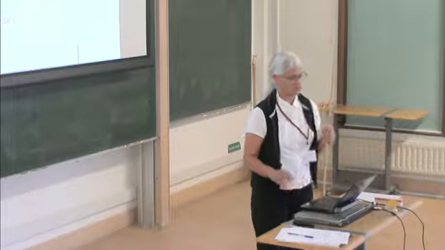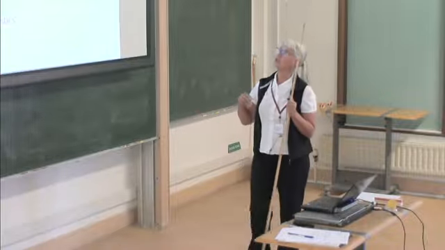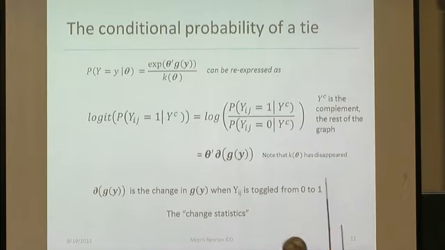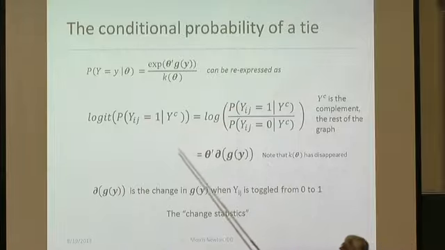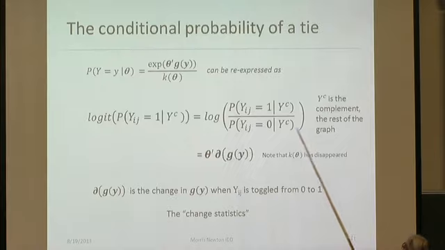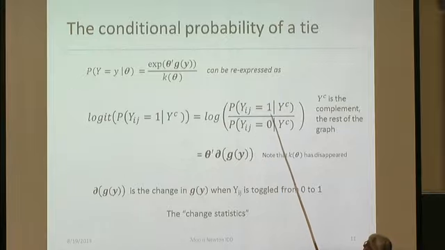It turns out that with a little bit of algebra, you can show that that probability of the overall graph can be re-expressed in a conditional probability of a tie. So it's the conditional logit here of a tie. And it takes the log of the odds that Yij equals 1 given the rest of the graph, Y complement, over the probability that Yij equals 0 given the rest of the graph.